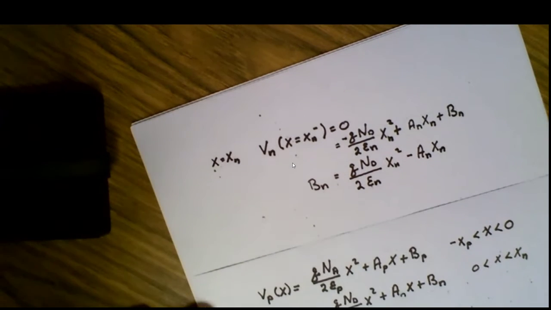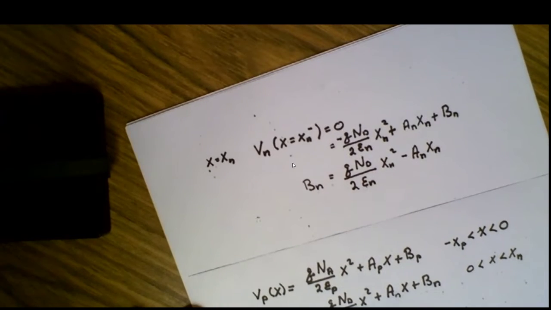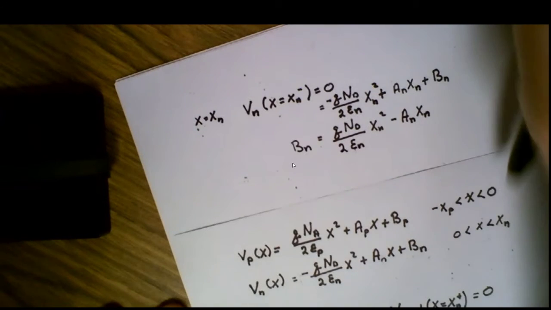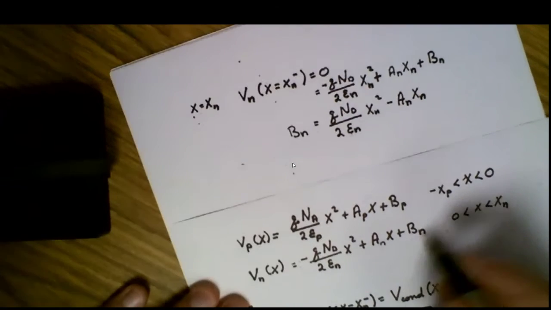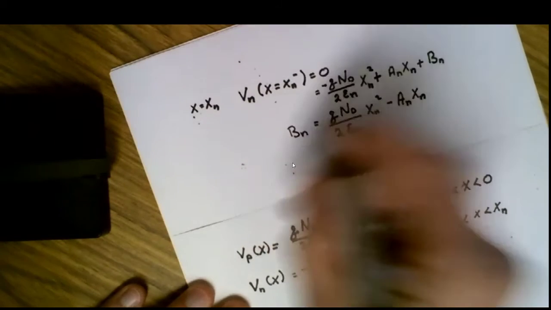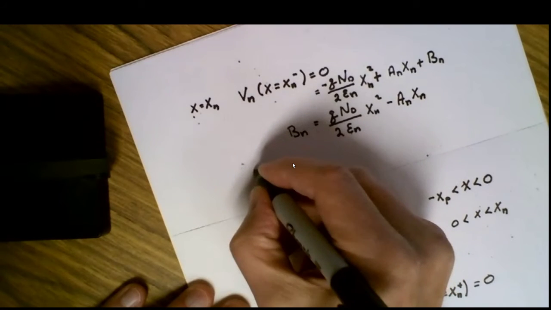So consequently, we can now substitute b back into its original equation and come out with a modified form for our potential in the n region.